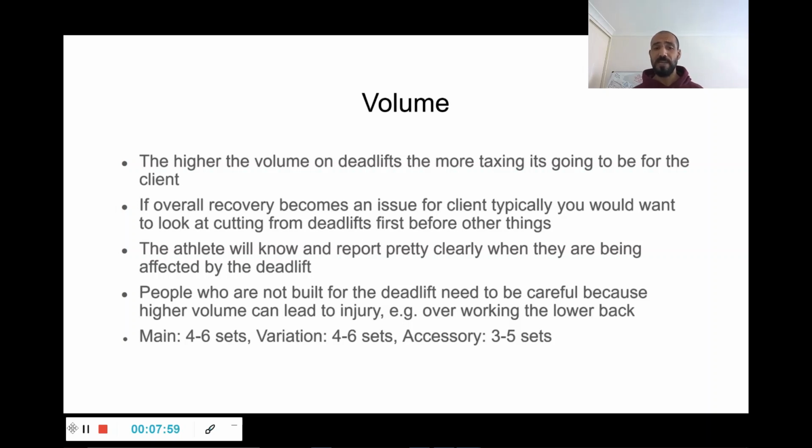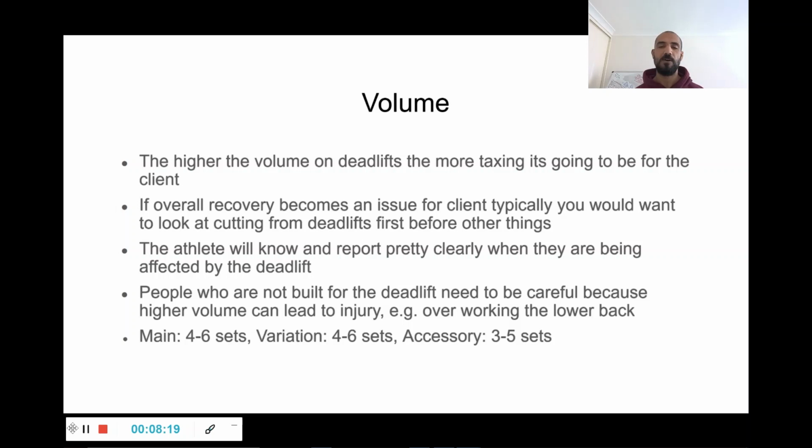So the main competition lift that they're going to be doing, 4 to 6 sets per week. A variation that's going to address their weakness, also about 4 to 6 sets per week. Accessory work that will address any weak muscle groups, 3 to 5 sets per week within the context of a strength block.